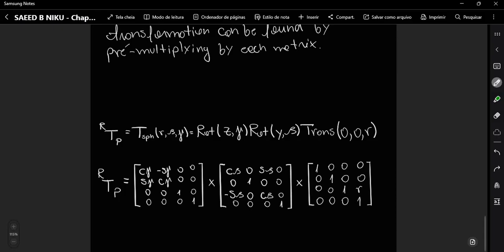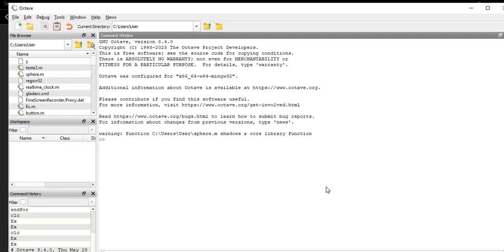So let's open Octave. Okay, I already got Octave open, and let's write these matrices and do this operation.